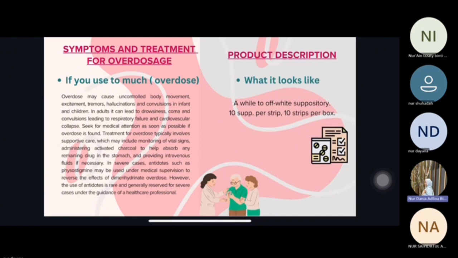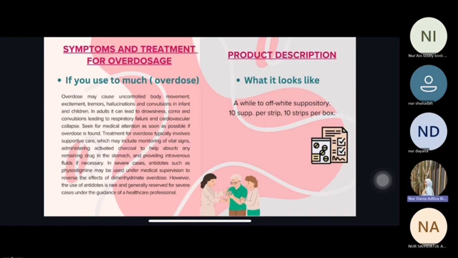Treatment for overdose typically involves supportive care, which may include monitoring of vital signs, administering activated charcoal to help absorb any remaining drug in the stomach, and providing intravenous fluid if necessary.